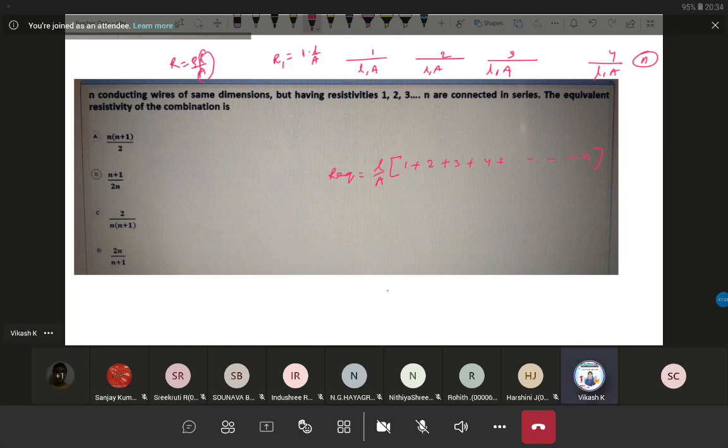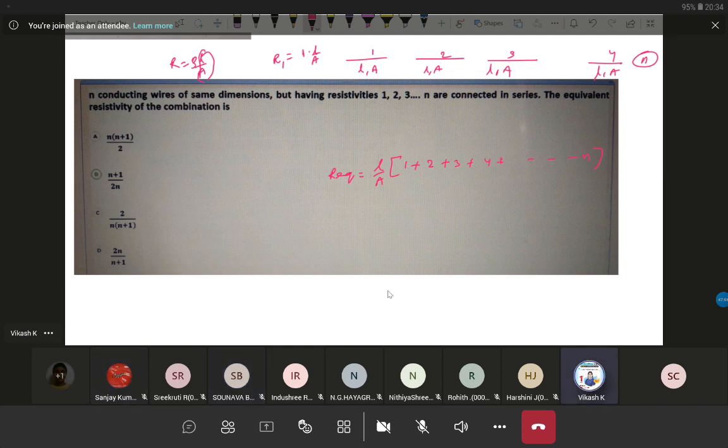So now which kind of combination is it? It is an arithmetic progression. Have you studied progression? CBSE students, have you studied progression or not? AP, GP. Yes. So which kind of progression is it? It's arithmetic progression. What is the difference here? Sir, 1.